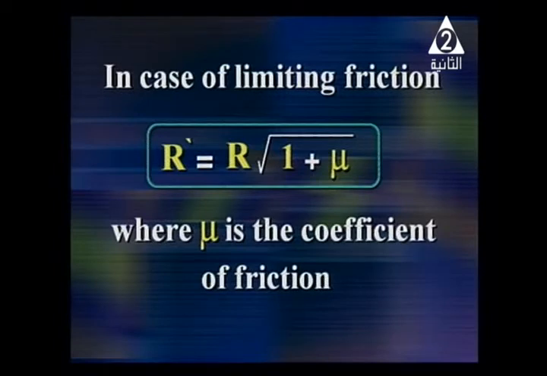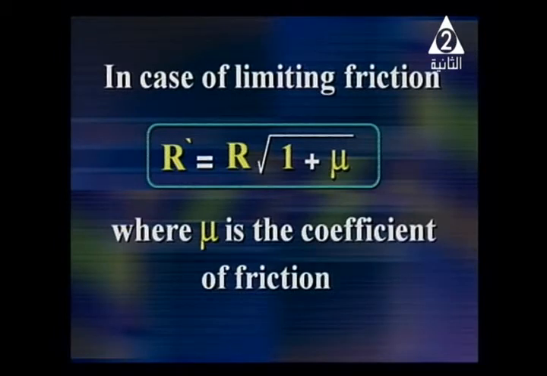Dear student, this equation is very important: R dash equals R times the square root of 1 plus mu squared. What is mu? Coefficient of friction. We have two types of coefficient of friction. Number one, static coefficient of friction.